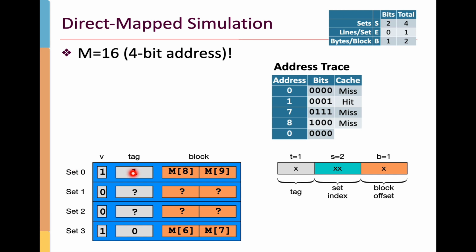The tag is not going to match even though the valid bit is set. We're going to call this a cache miss, and then go and ask the next level down in the hierarchy for the value of that particular address and bring it up into this same set. So the valid bit maintains a 1. We've now got the values from memory address 0 and memory address 1, and the tag bit corresponds to the higher order bit of the address.